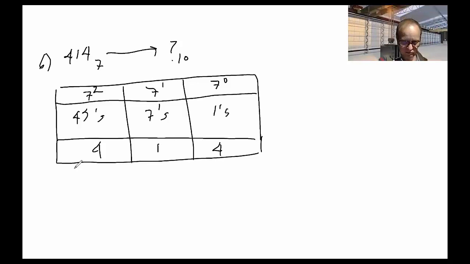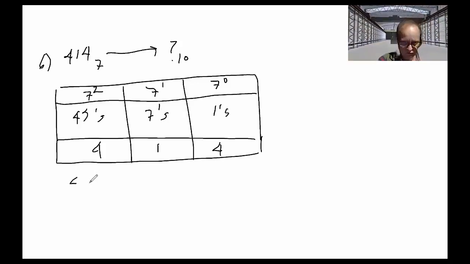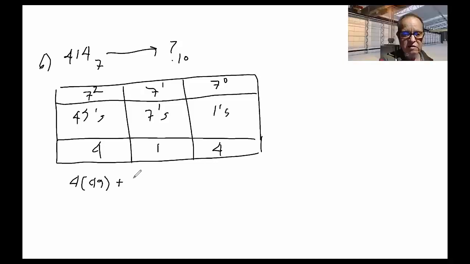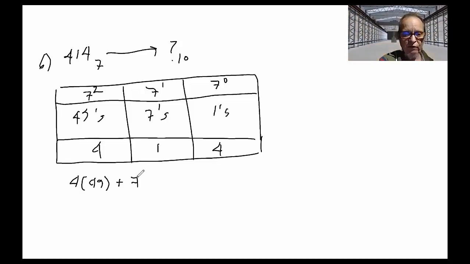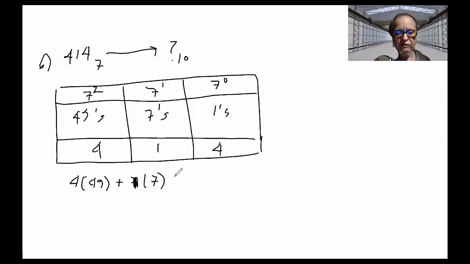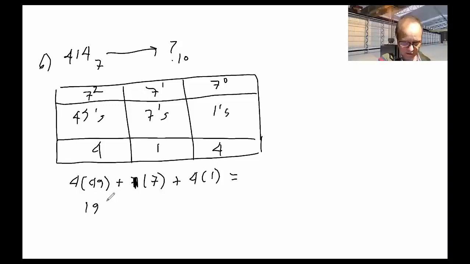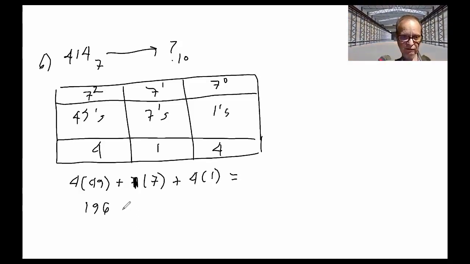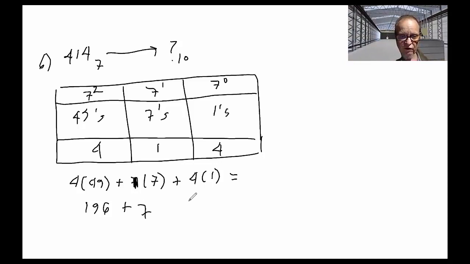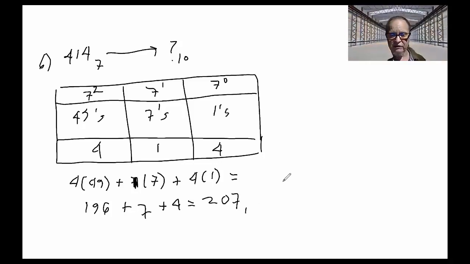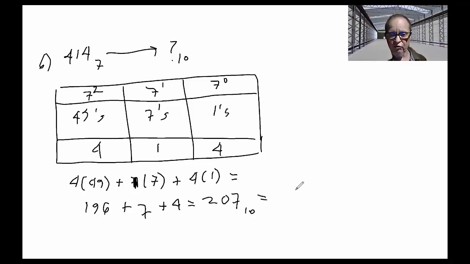So now we'll multiply 4 times 49 and add 1, be consistent, 1 times 7, plus 4 times 1, and that will give us 196 plus 7 plus 4, and when we add all of these together, we get 207, and that's our base 10 equivalent, which we usually write as 207.